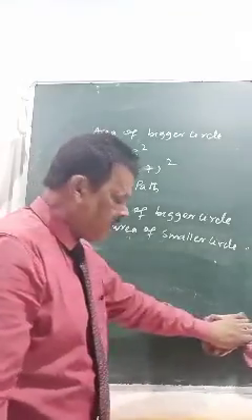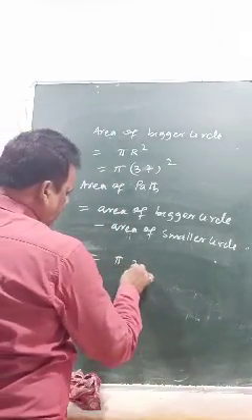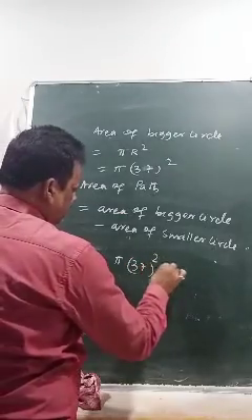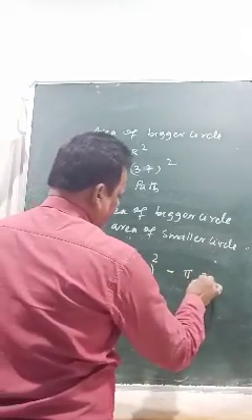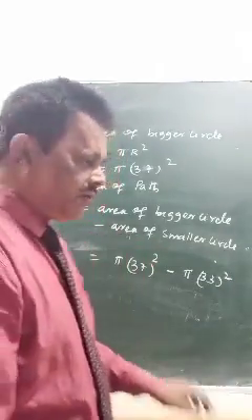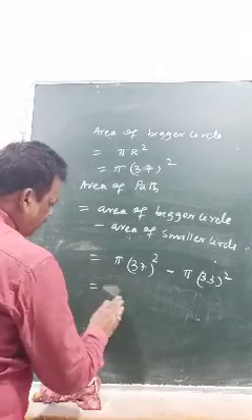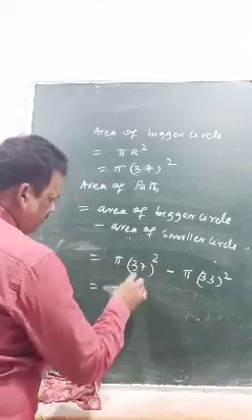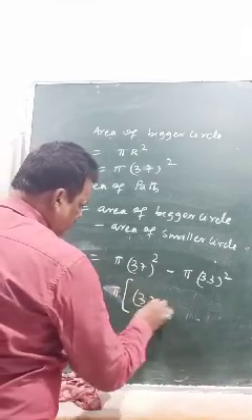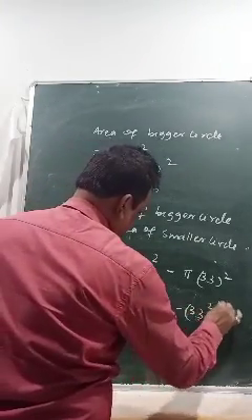Now pi 37 square, smaller pi 33 square. Why I have kept pi? Now pi you can take common. Pi common. What is left out? 37 square minus 33 square.